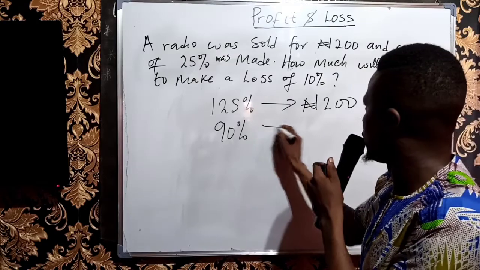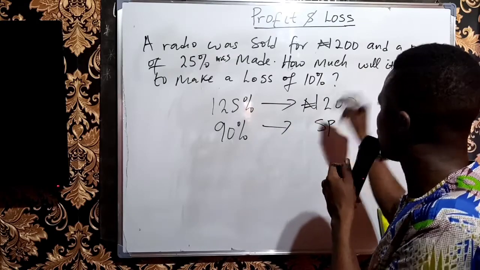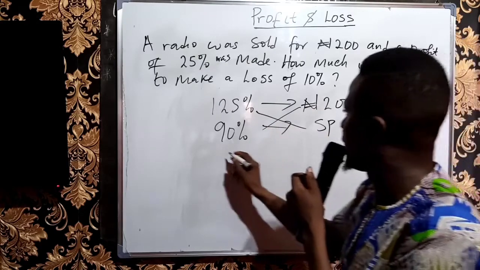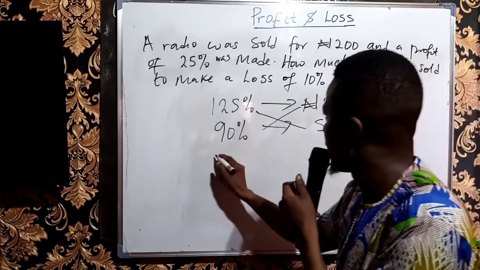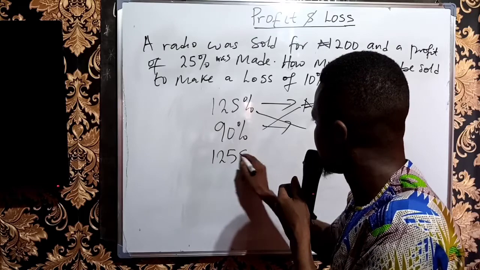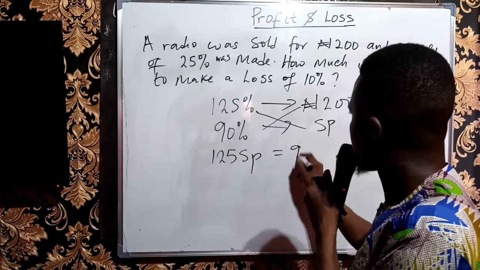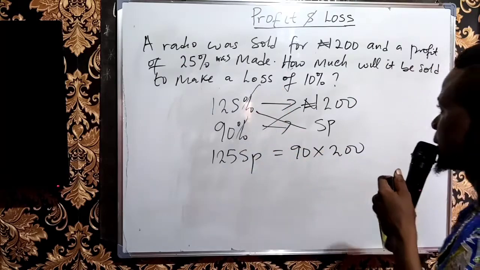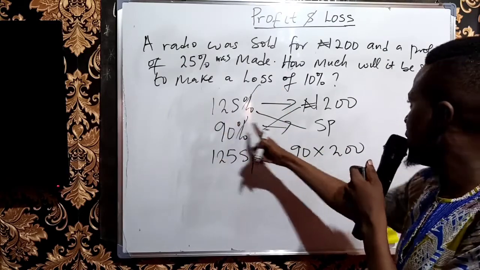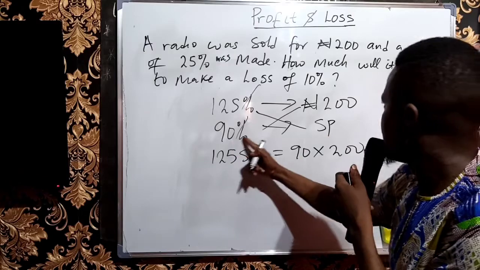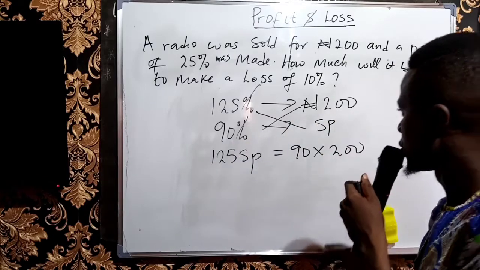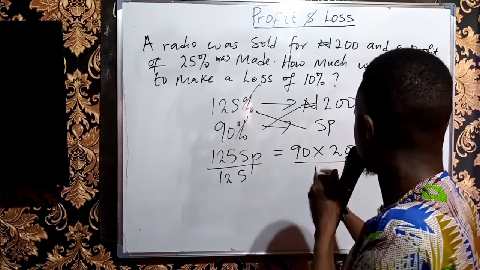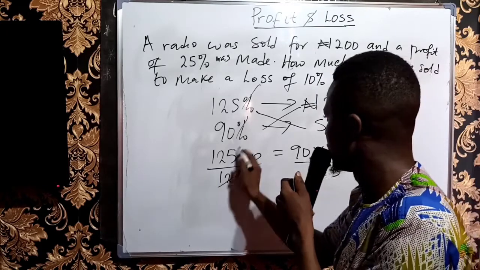So 90% will give us a selling price we don't know. So cross multiply. I will now have 125 times SP equals 90 times 200. Remember, percent cancels percent. So we just have 125 times SP equals 90 times 200. So I'm dividing both sides by 125 to make sure that my selling price stays alone.